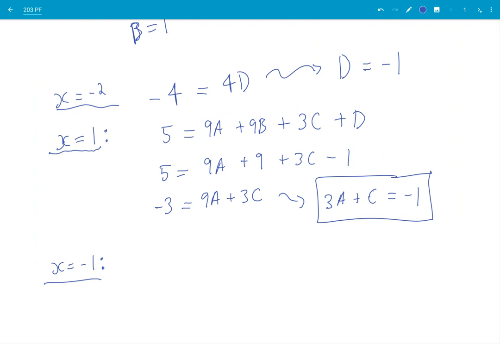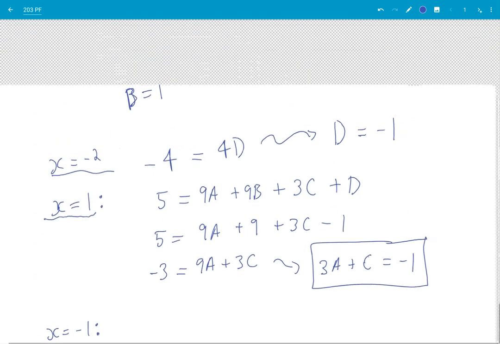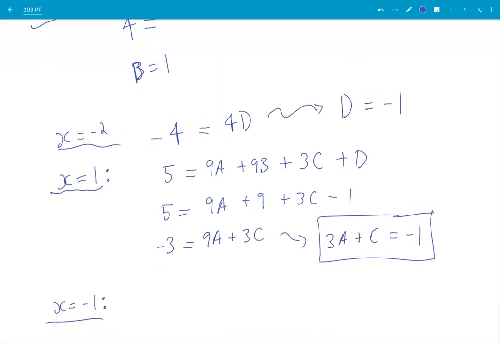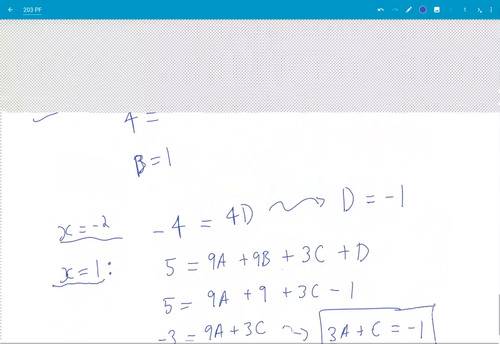Okay, then I'll do x equals negative 1. Okay, so what am I doing here? So I'm going to have to scroll back and forth here, I'm afraid.